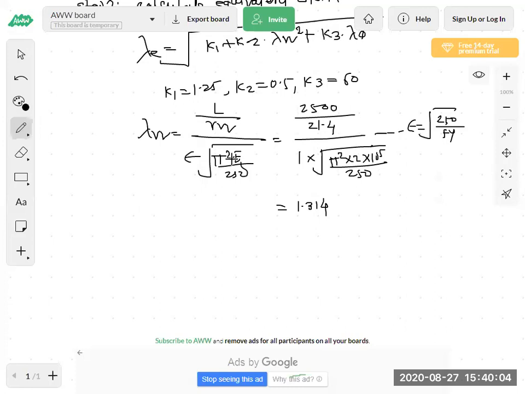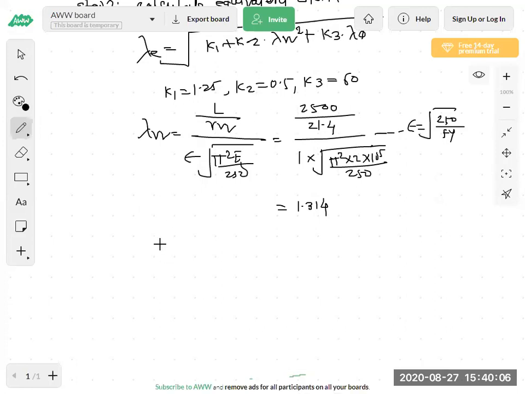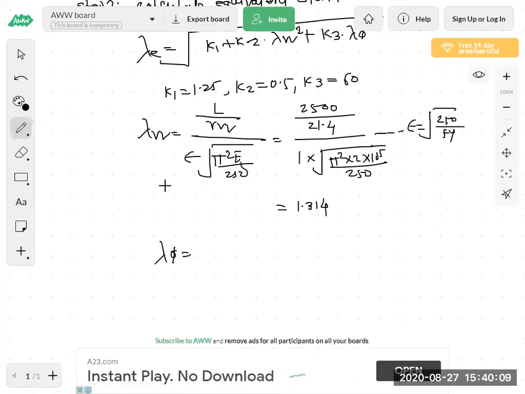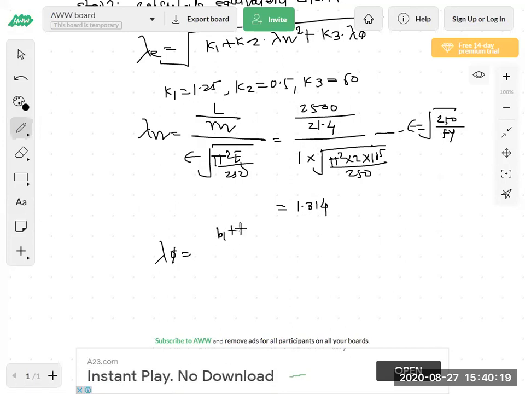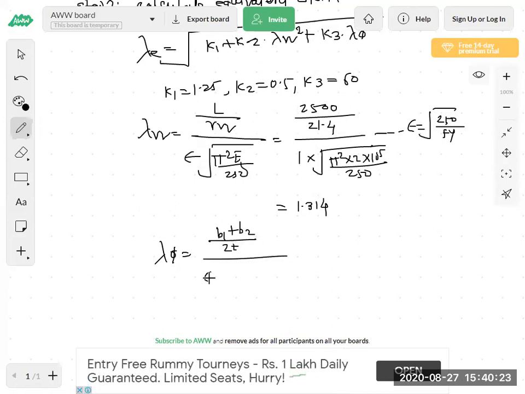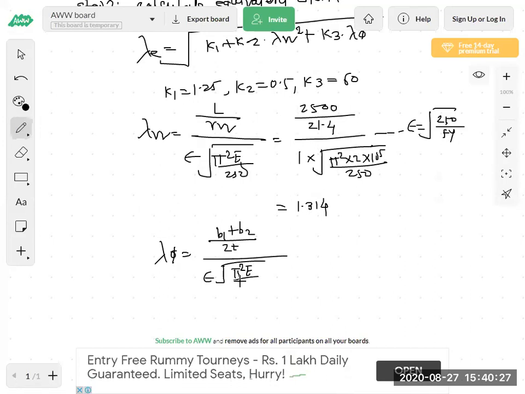Now we have to find out lambda phi. Lambda VV we got, that is 1.314. Then how to calculate lambda phi? It is b1 plus b2 divided by 2t divided by epsilon under root of pi square E divided by 250.